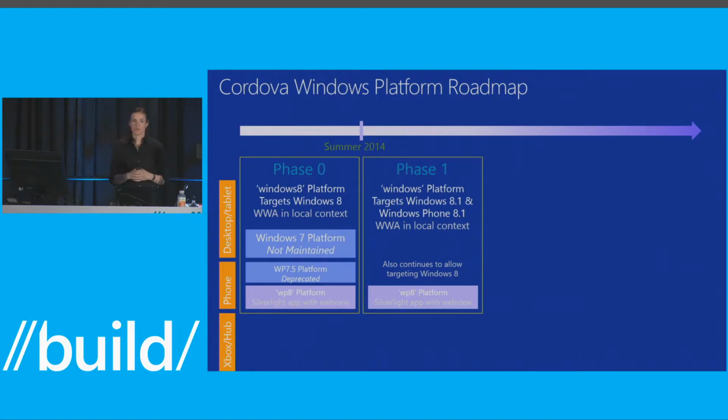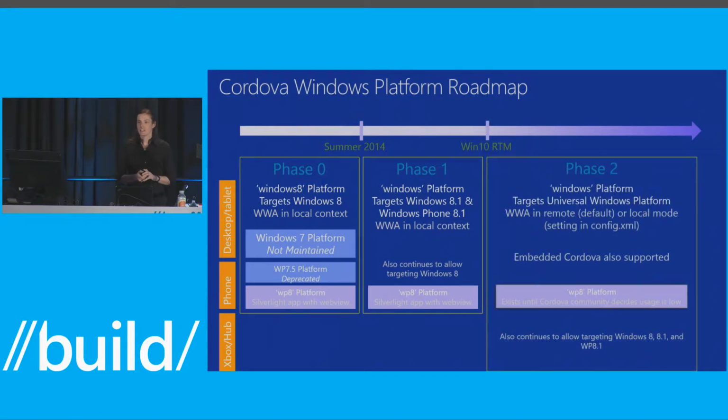Windows Phone 8 was still the version of Windows Phone that was in market, and so it's still a very popular platform to target. So that continues to exist. And the next phase, what I think of as phase 2, is after Windows 10 is finished and RTMs, which is fairly soon, we start the phase of the Universal Windows Platform. There's a single platform called Windows that can target those UWP apps and have a true single binary that will target tablet, desktop, phone, Xbox, Surface Hub, all of the great other devices on the breadth of Universal Windows devices.